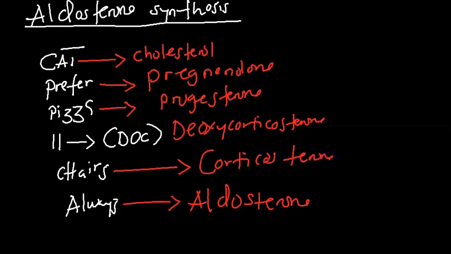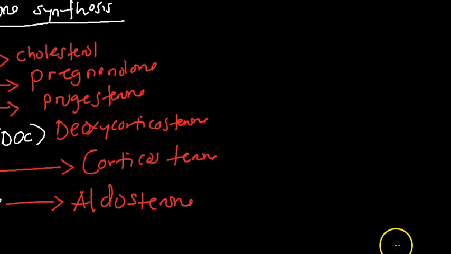So if you are to arrange this, from cholesterol we have a conversion into pregnenolone. From pregnenolone we have a conversion into progesterone, deoxycorticosterone, corticosterone, and then aldosterone.